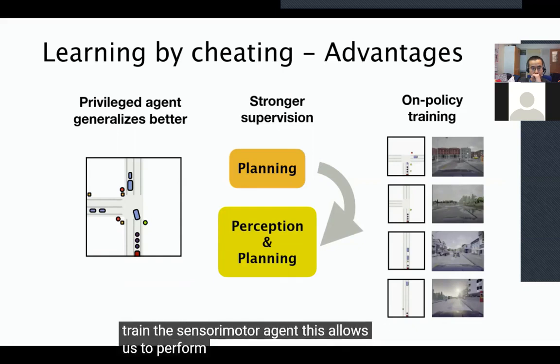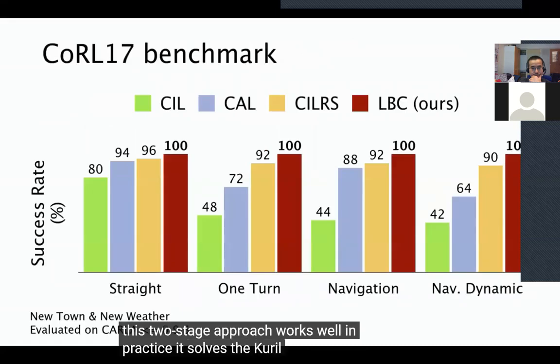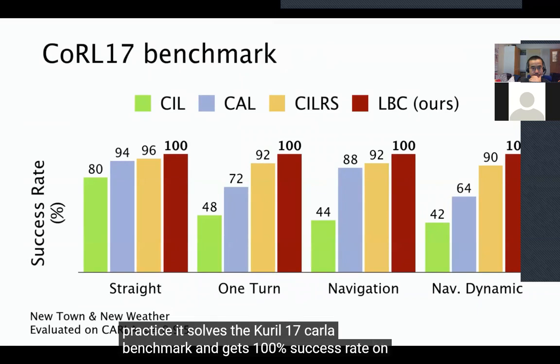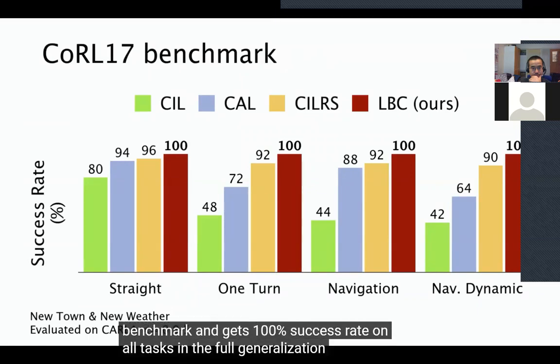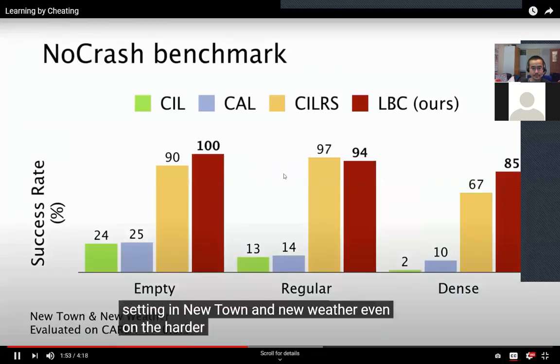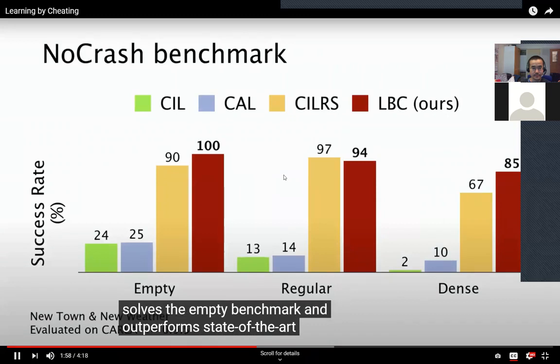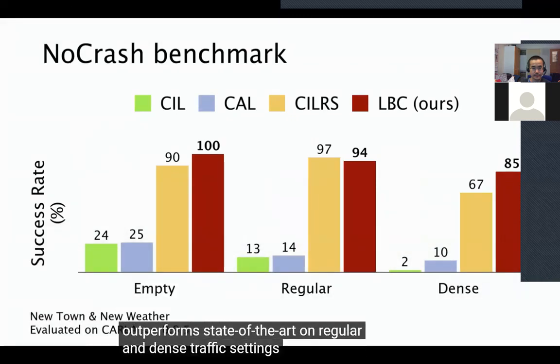This allows us to perform on-policy training where the privileged agent is actively queried. This two-stage approach works well in practice. It solves the Coral 17 Carla benchmark and gets 100% success rate on all tasks in the full generalization setting in new town and new weather. Even on the harder no crash benchmark, it solves the empty benchmark and outperforms state-of-the-art on regular and dense traffic settings as well.